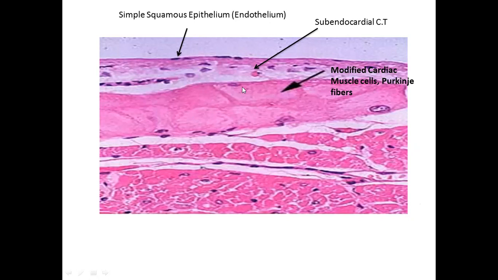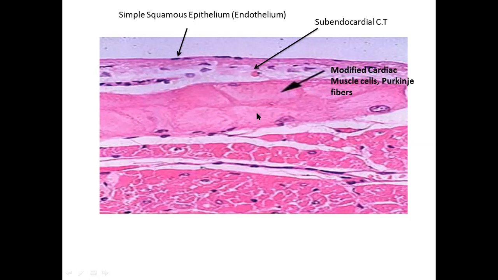So these subendocardial modified cardiac muscle cells termed as Purkinje fibers are larger in size compared to the remaining cardiac muscle cells, which are the contractile units of the heart, and their staining affinity is quite evident in this micrograph. They are less lightly stained.